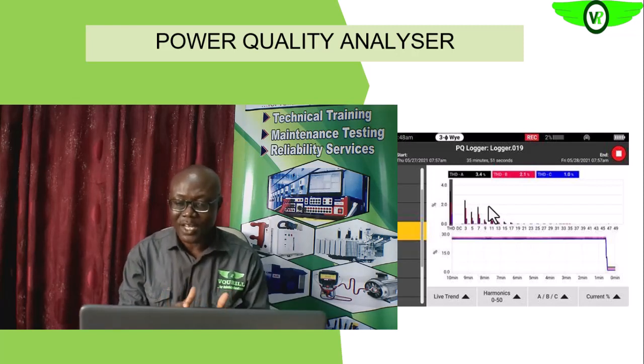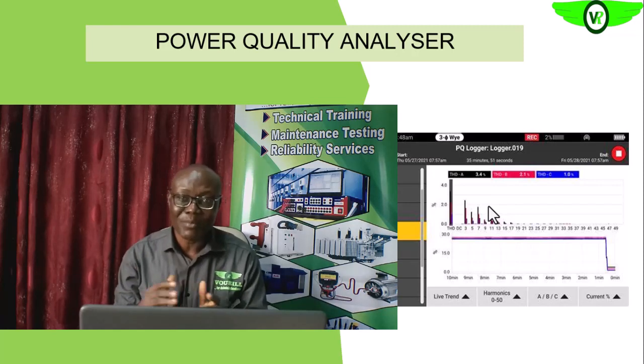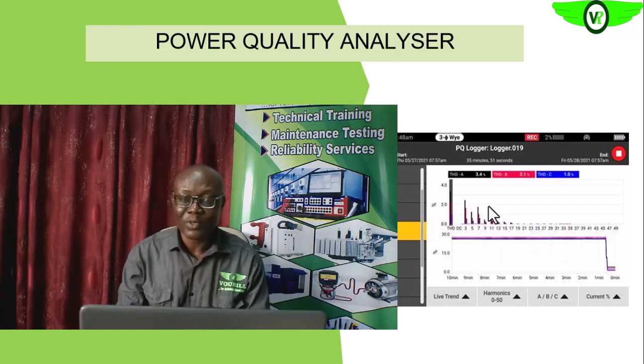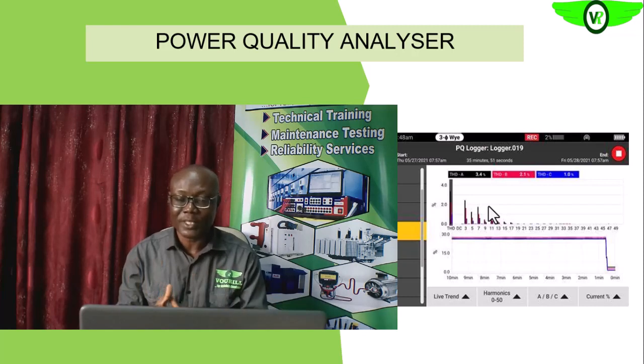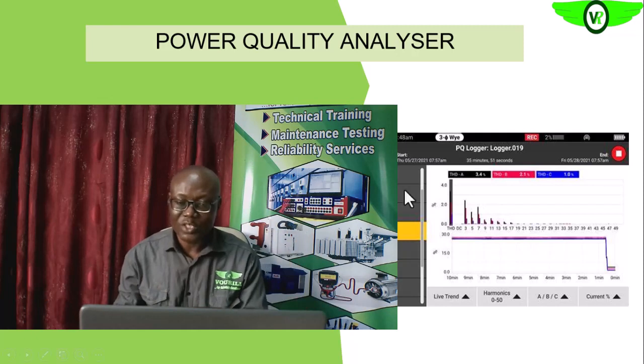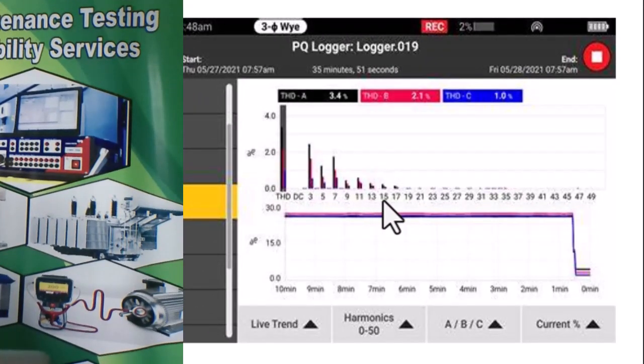We also see them in the system as we are monitoring and moving away from the input point, or the point of common coupling between your facility and the utility. Remember, these triplet harmonics, 3, 9, 15, and 27, are the most problematic harmonics.